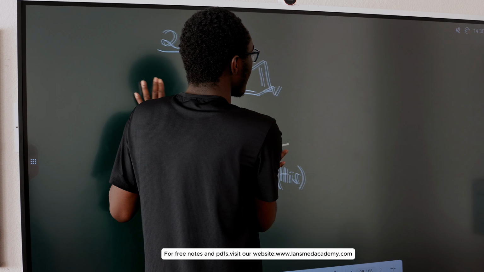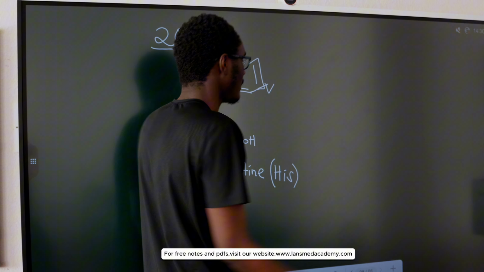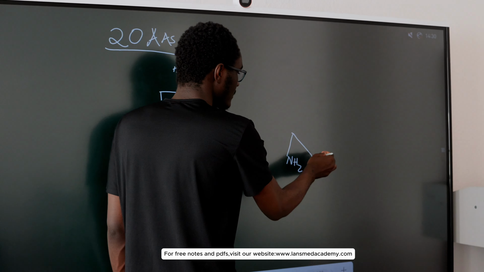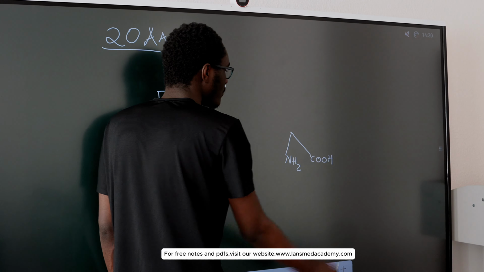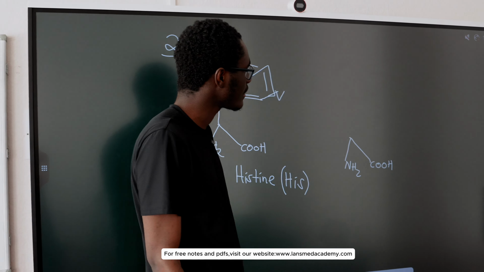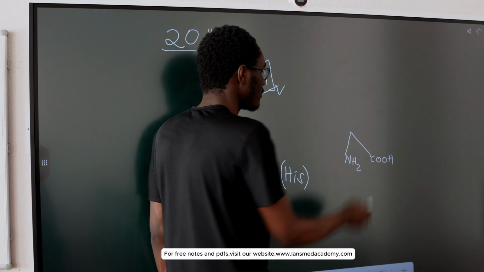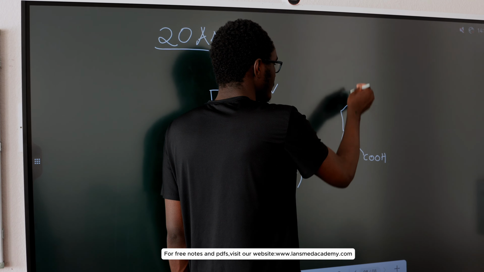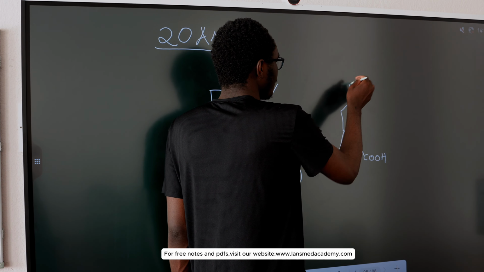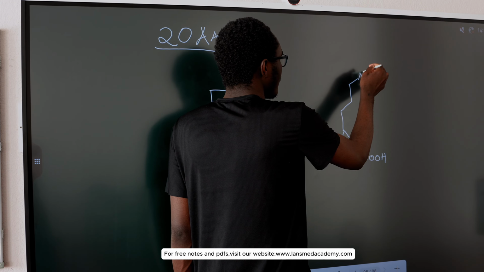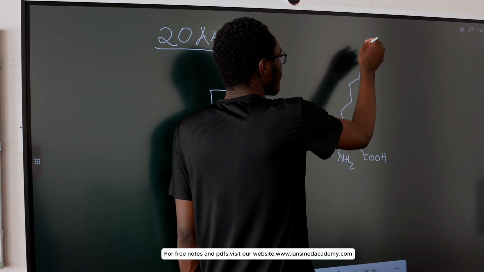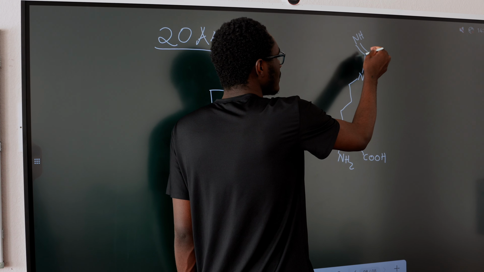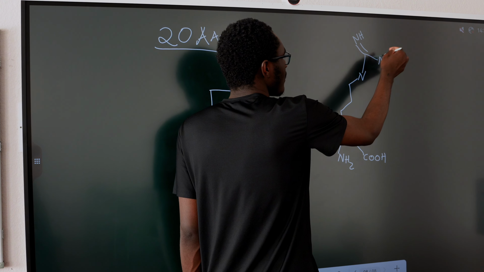The next amino acid we have is arginine. Like any other amino acid, a base of amino group and carboxylic acid group. So for arginine, we are going to count 1, 2, 3. The fourth one is amino group, and you're going to have a carbon, and you're going to have double bonded nitrogen with a hydrogen, and from this carbon you're going to have amino group.